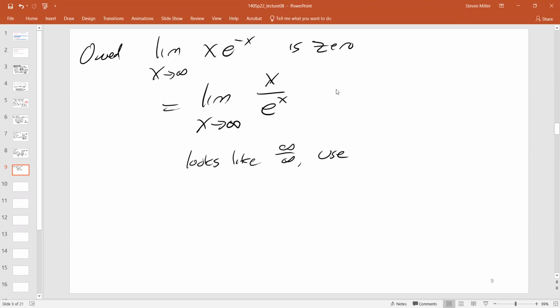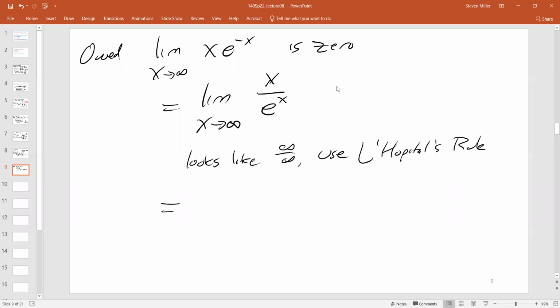You know you've made it when your name is a verb. From Zoomland, we have L'Hopital. So we use L'Hopital's rule. What L'Hopital's rule says is if you have infinity over infinity or 0 over 0, the limit of f over g is the same as the limit of f prime over g prime.